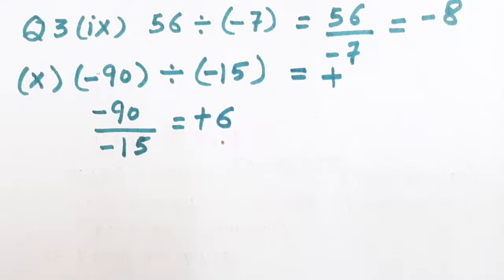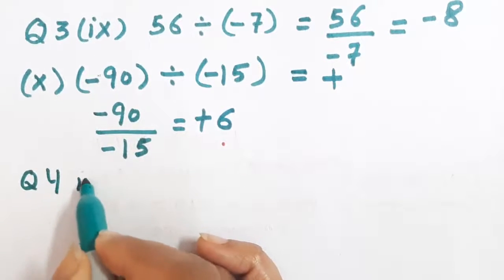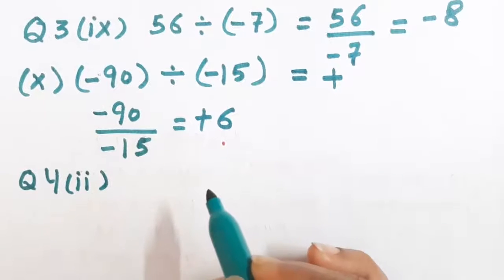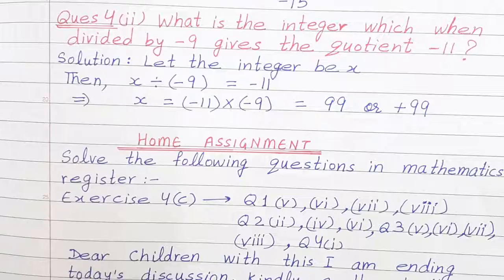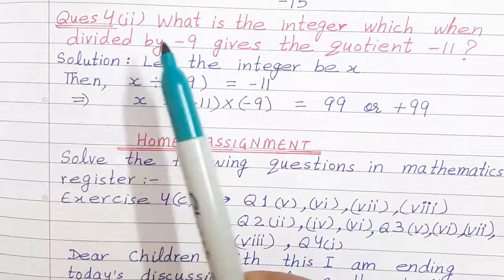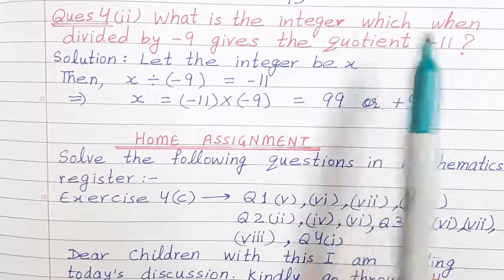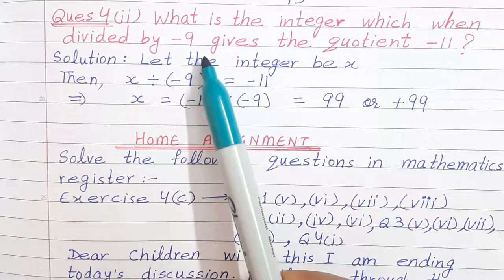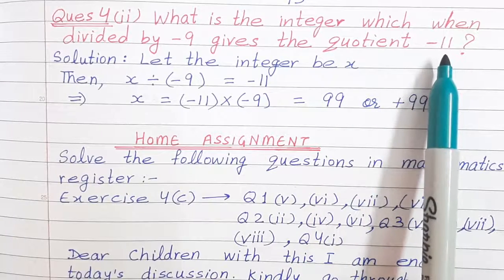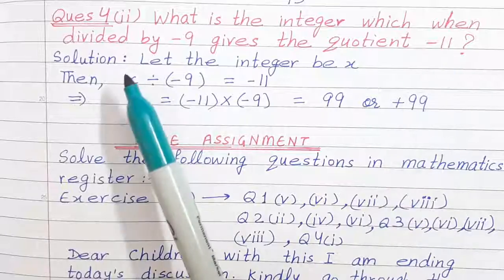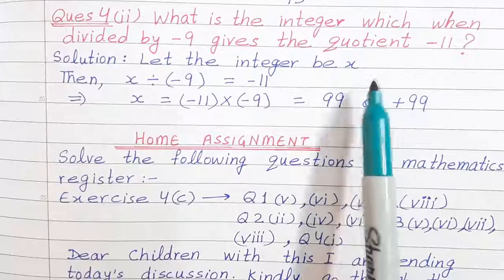Now let us discuss one more question. Have a look. Question number 4, second part. The question is: what is the integer which when divided by minus 9 gives the quotient minus 11? Now children, in this case we will assume let the integer be x.